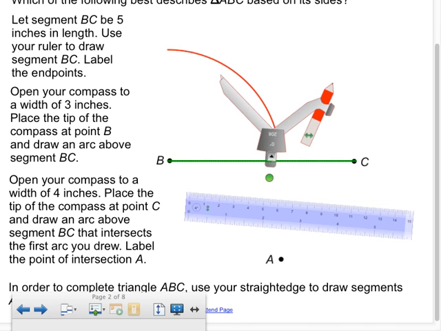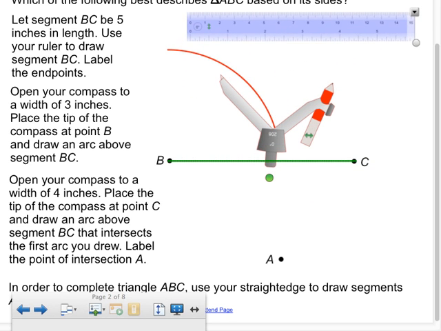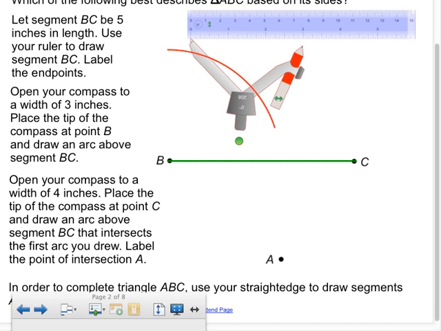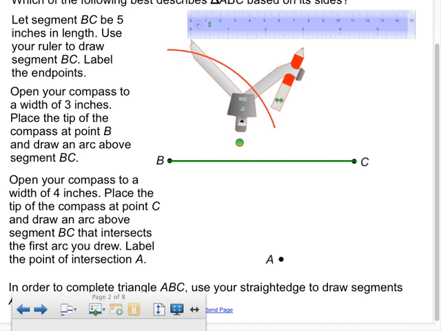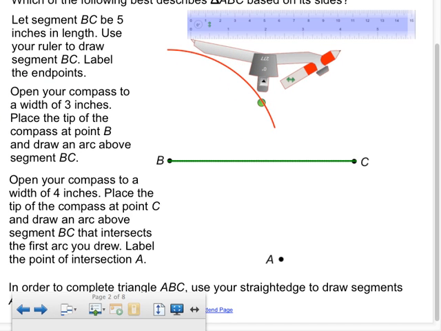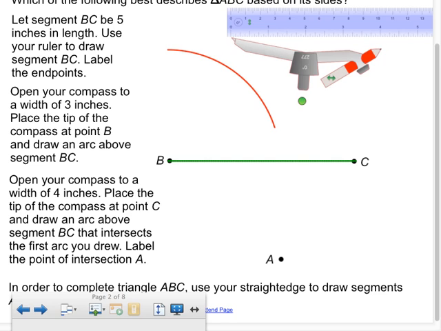So let me go ahead and measure my arc first. Looks like I might be just a little bit too much.